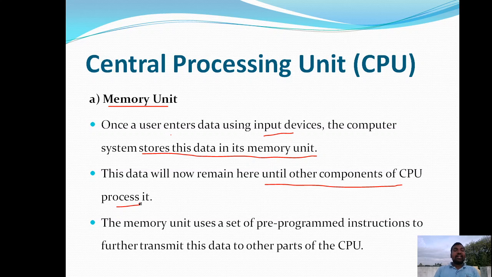Until it is processed, the data is available in the memory only. The memory unit uses a set of pre-programmed instructions to transmit this data to other parts of the CPU. Other parts of the CPU include the control unit and the arithmetic and logical unit, right?